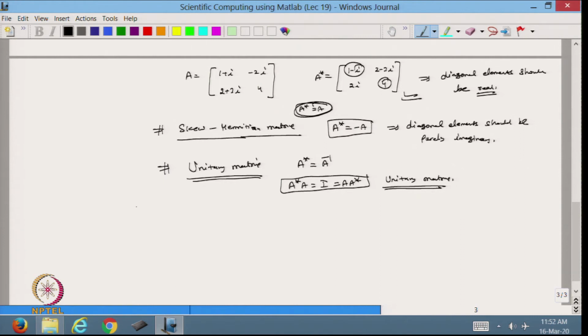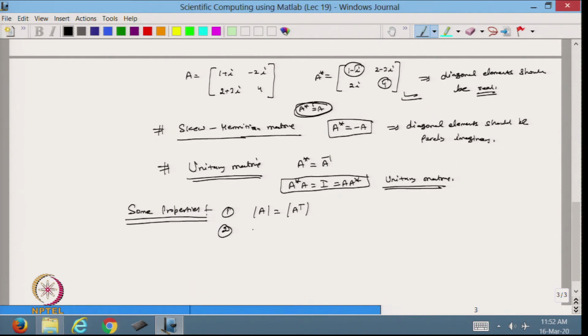Now, we define some properties of the matrix formulation. The first one is that the determinant of A is the same as the determinant of its transpose.